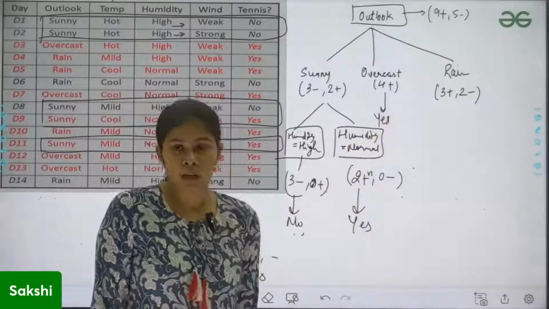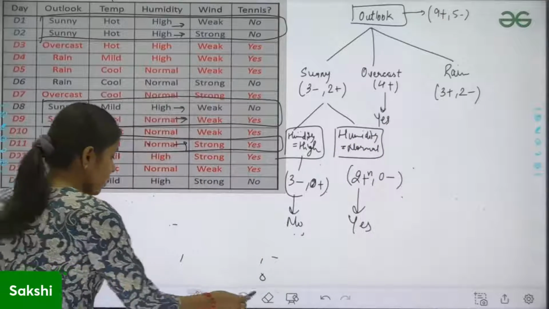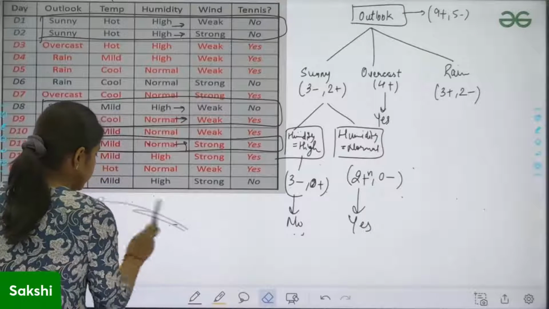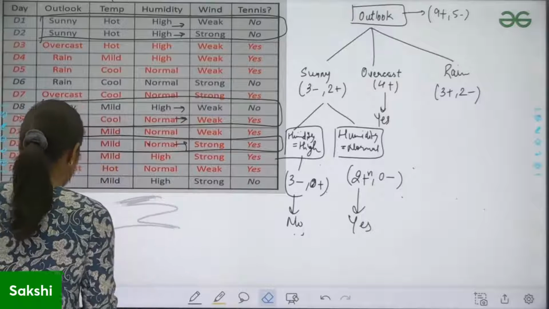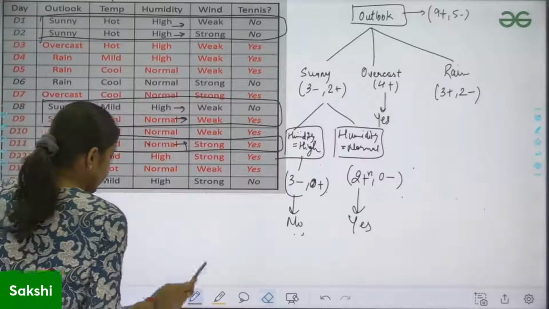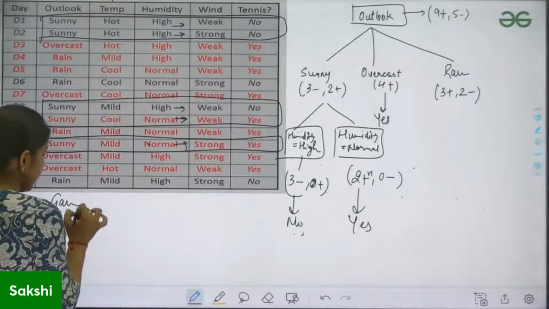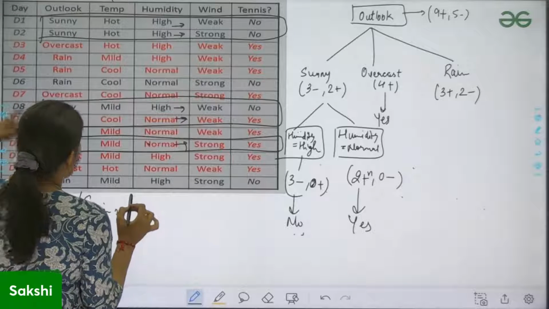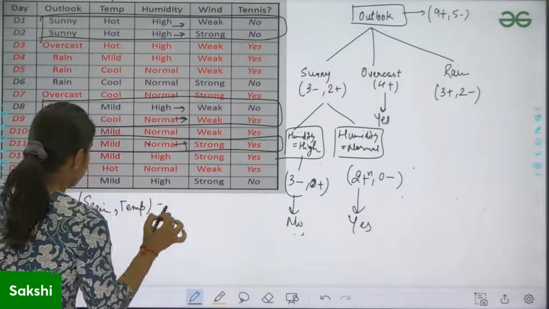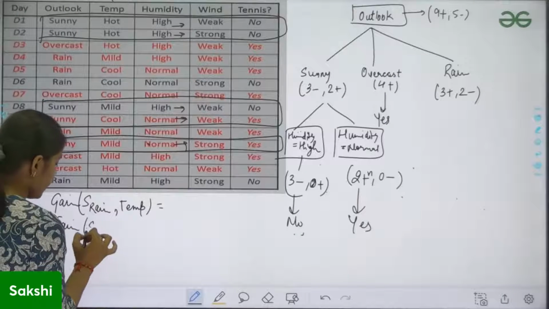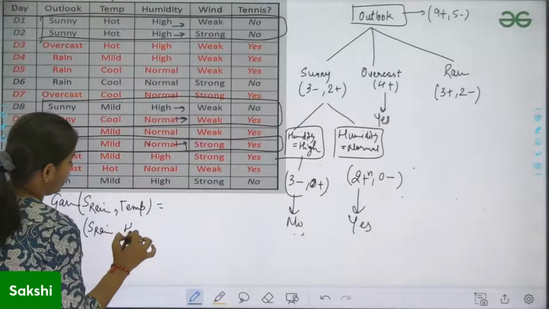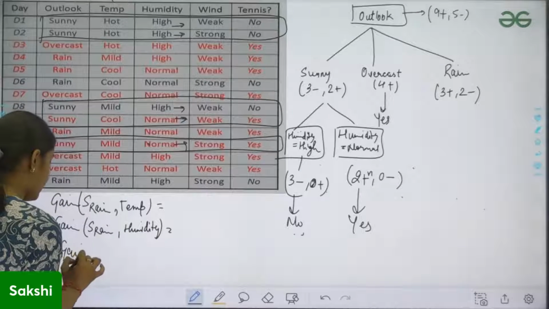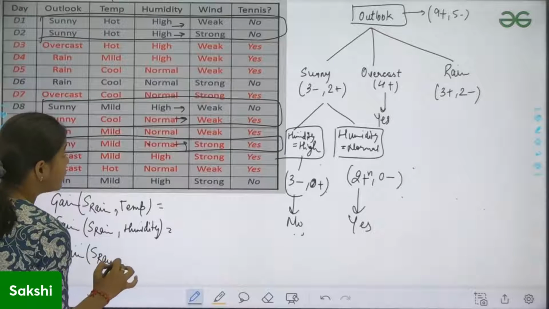Now, but this rain column, again, what would I do? Again, the problem is for this rain, I have to find out gain S comma S rain comma temperature, gain S rain comma humidity, and gain S rain comma wind.